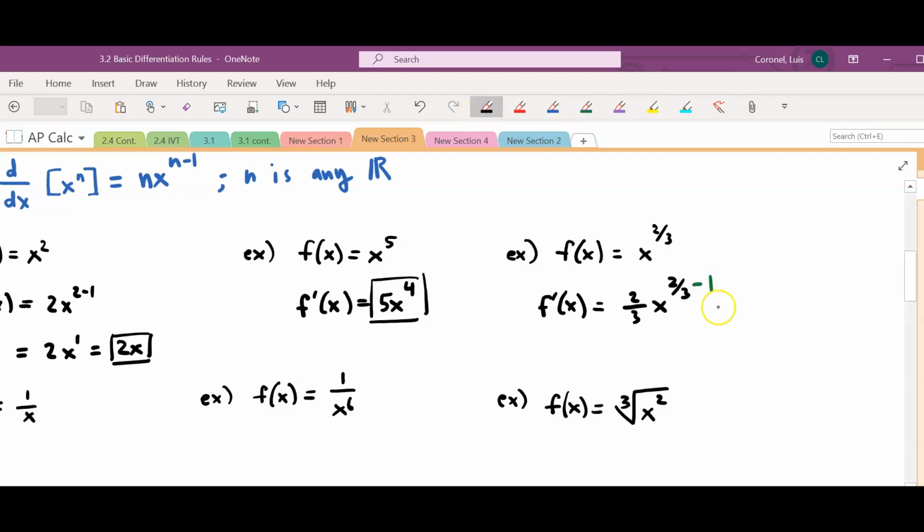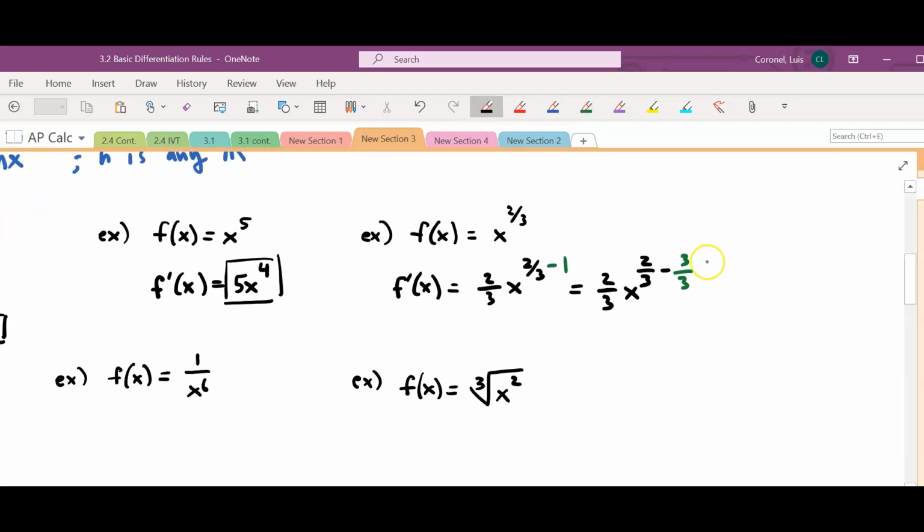Now, if you subtract 1 from a fraction, in order to subtract, you need a common denominator. So I'm going to make the denominators the same, 3/3. 3 divided by 3 is the same thing as 1. Let me make this in green so you see the connection. 3 divided by 3, that's 1. So now when I subtract, I get negative 1/3. Right? That's my subtraction answer when I subtract the fractions.